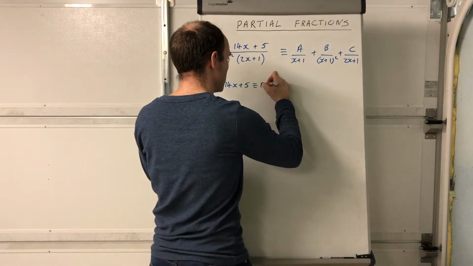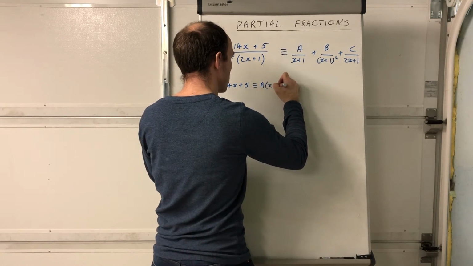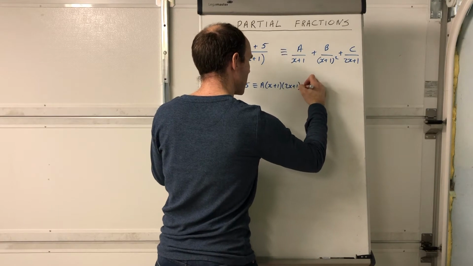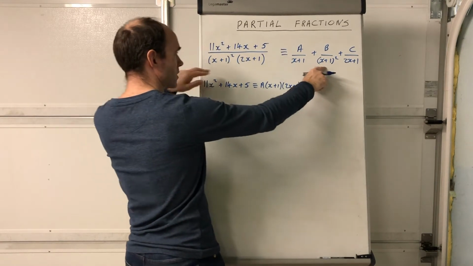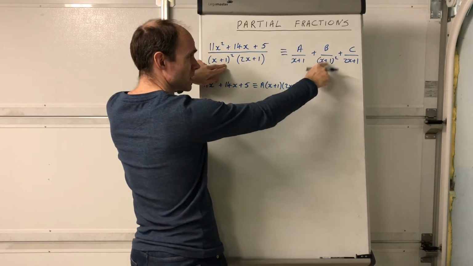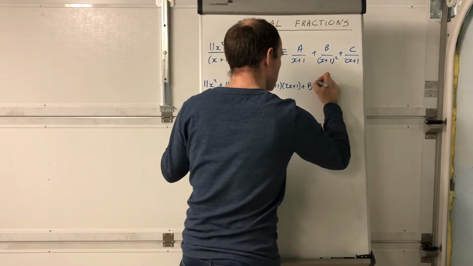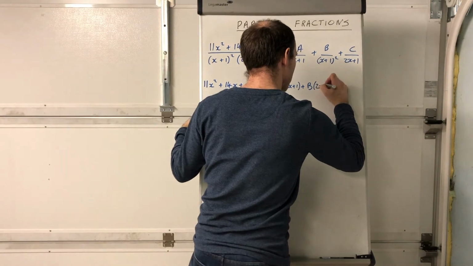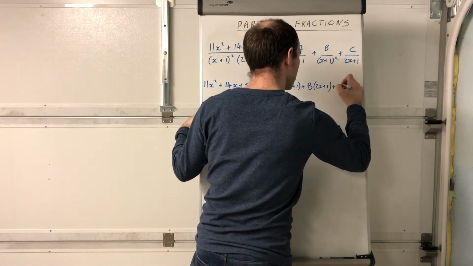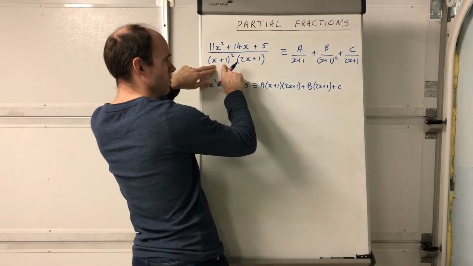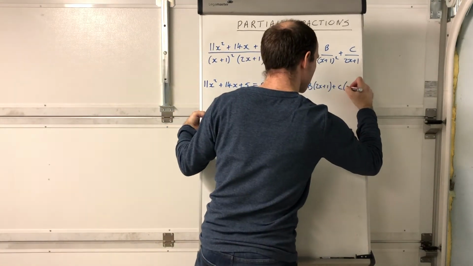So that would be a(x + 1)(2x + 1). And then the next term, we're multiplying by (x + 1)², don't forget, so the (x + 1)² will cancel. You're just left with the (2x + 1). And then the last term, the (2x + 1)'s will cancel, and you'll be left with the (x + 1)². So there we go.